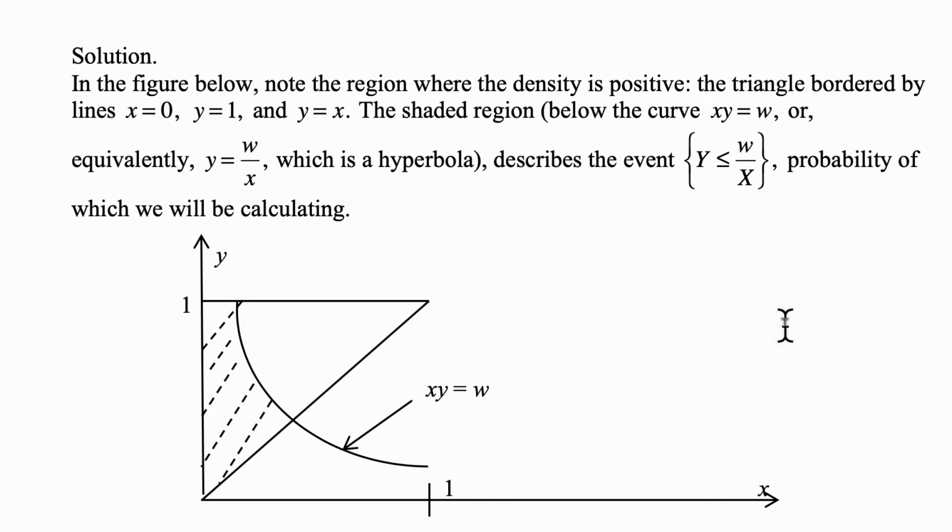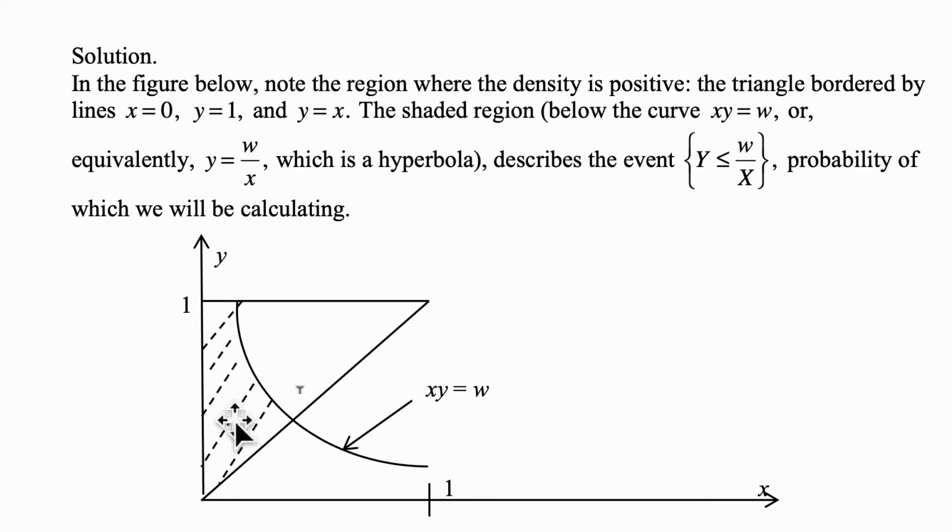So in the figure below, note the region where the density is positive, the triangle bordered by the lines x equals 0, that's the line here, x equals 0, y equals 1, that's the line here, and y equals x. And the shaded region below the curve where xy is equal to w, or equivalently y is equal to w over x. This is a hyperbola, and we want to be below that hyperbola.